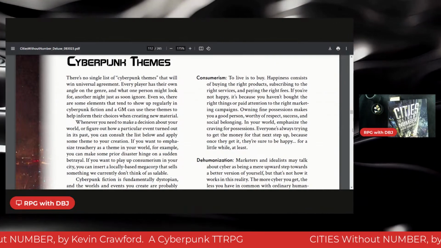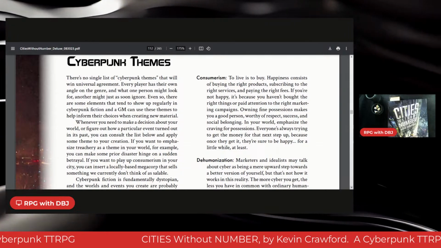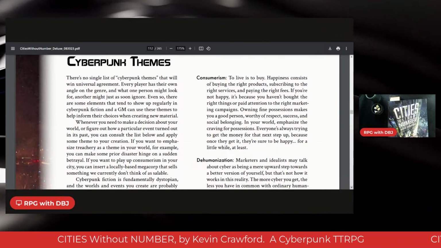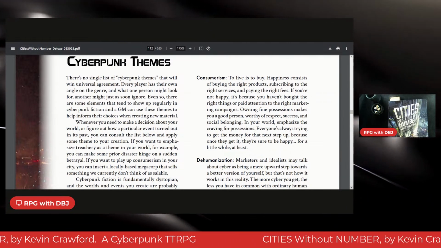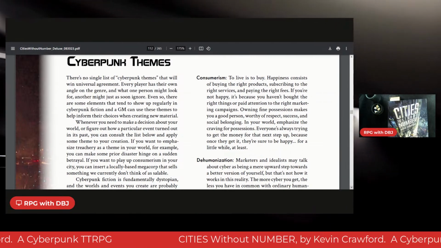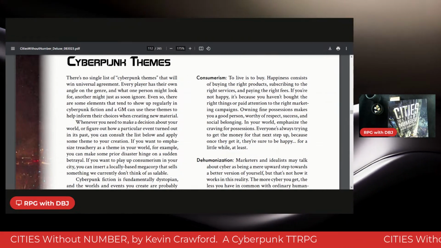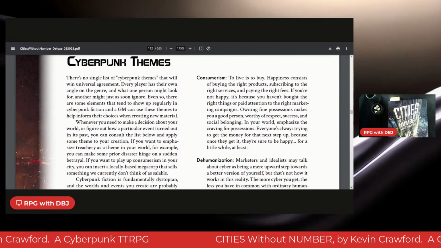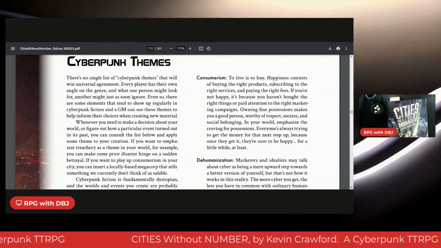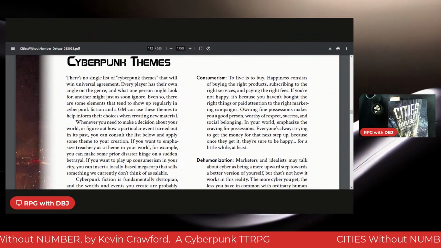Cyberpunk themes. So, Kevin Crawford does a great job in breaking down the themes of cyberpunk and allowing us this. Of course, this isn't a random table, but is to keep these things in mind. And of course, like any world builder, we can take these dials and turn them up and down based on the physical location where the players are at, and then what's appropriate for our gaming table and whatnot.